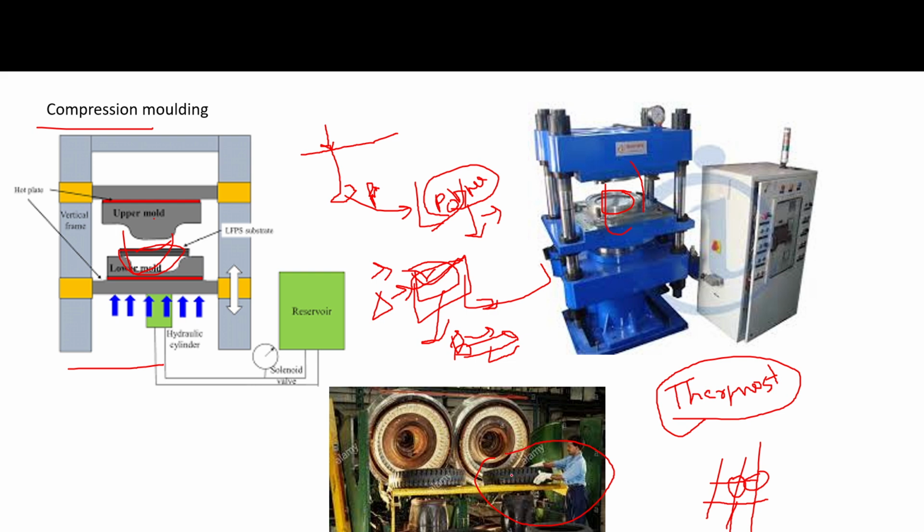Different shapes of tires are given here, and finally the polymer is cross-linked there and becomes a thermoset polymer.